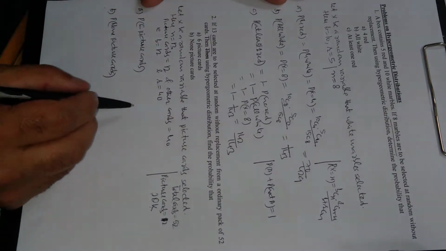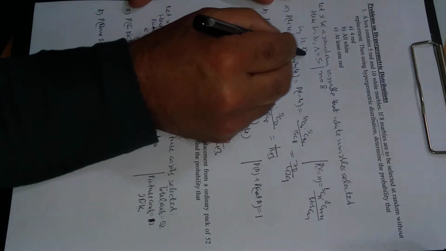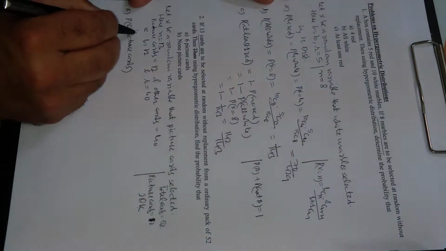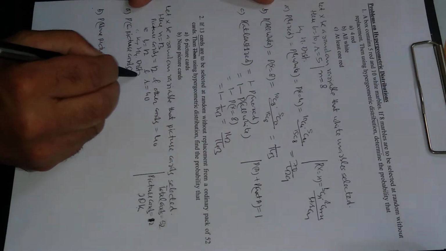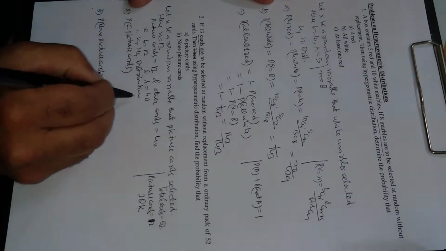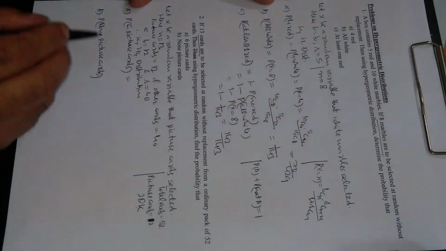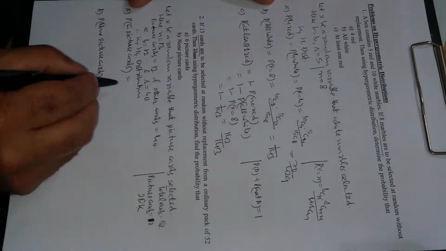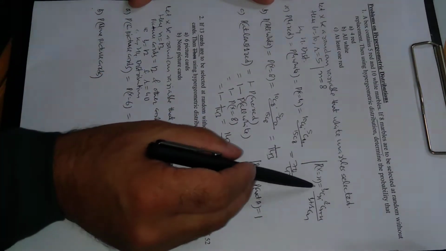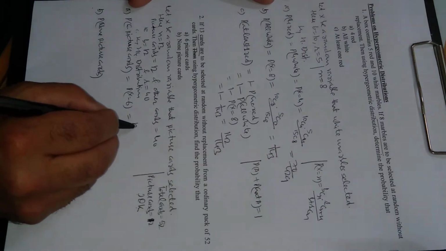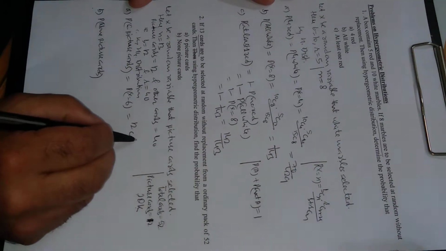Therefore, by hypergeometric distribution, the probability of 6 picture cards, because the random variable is in terms of picture cards, is P of x equal to 6. Now use this formula again. B is 12, so 12C6, and the rest R is 40.